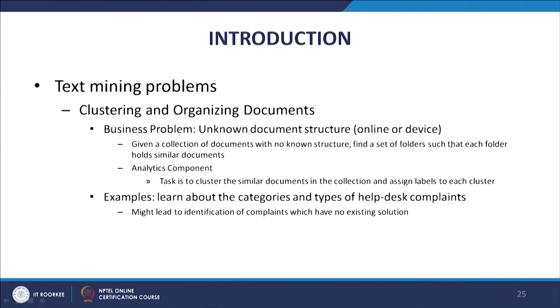It could be online or on a device. The whole scenario is we have a collection of documents with unknown structure, and the idea is to find a set of folders such that each folder holds similar documents. In a sense, the idea is to create appropriate categories, to create appropriate labels.